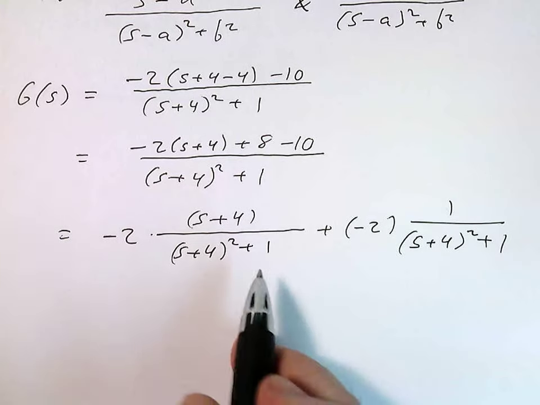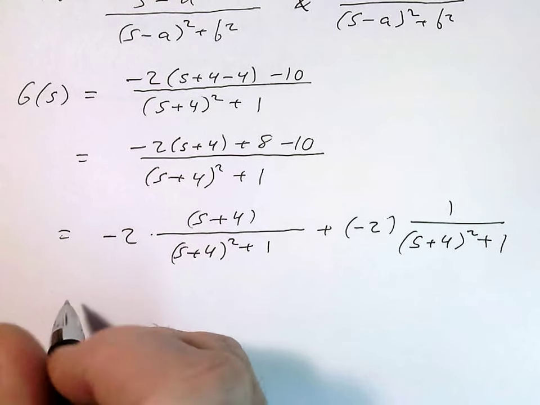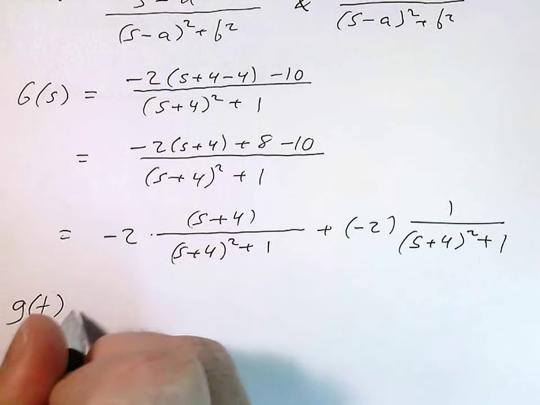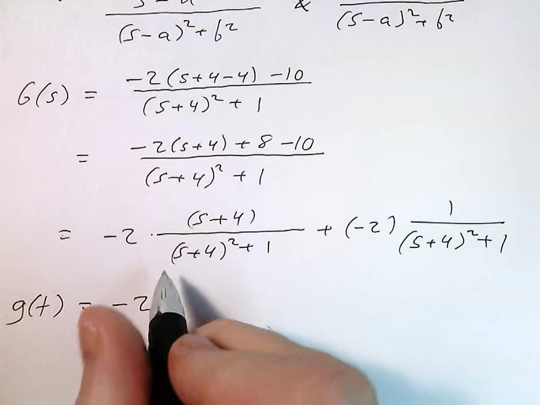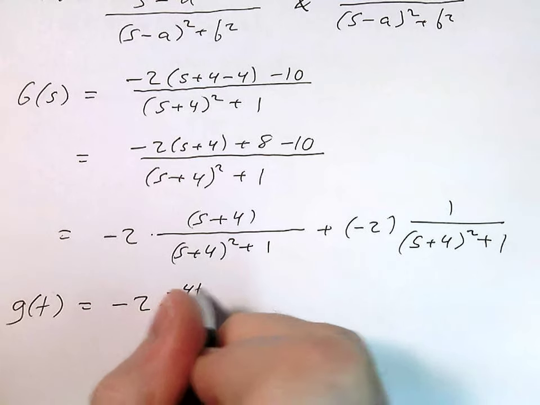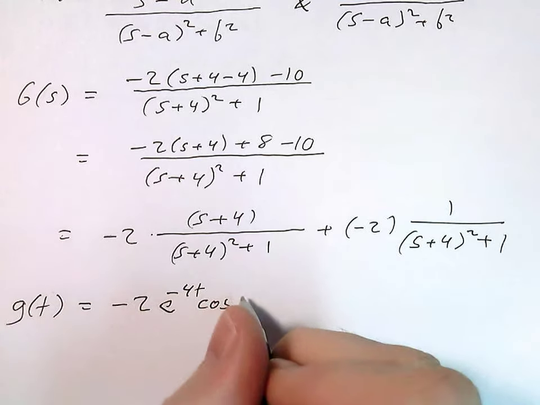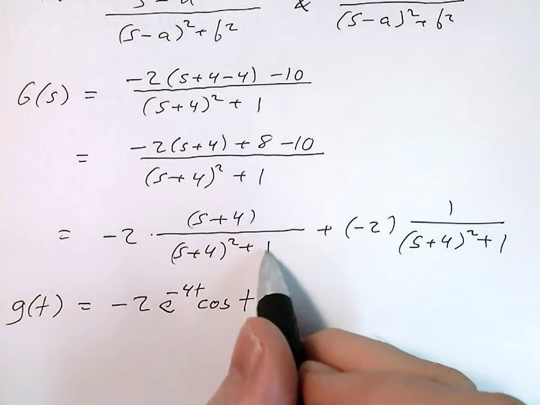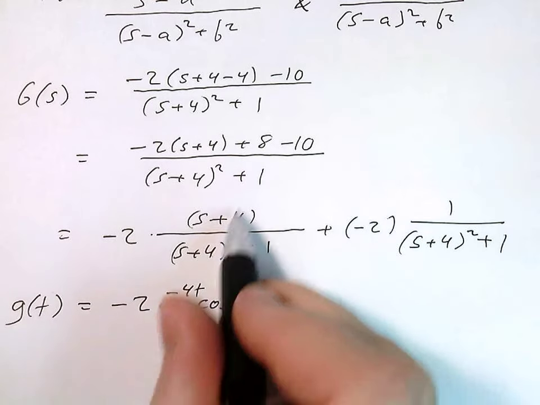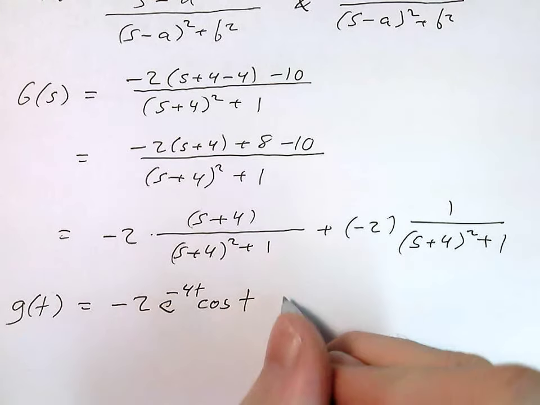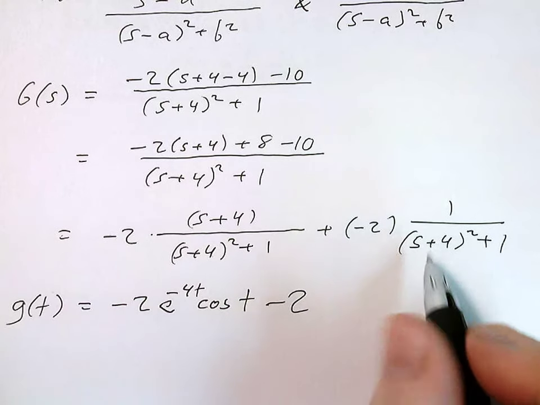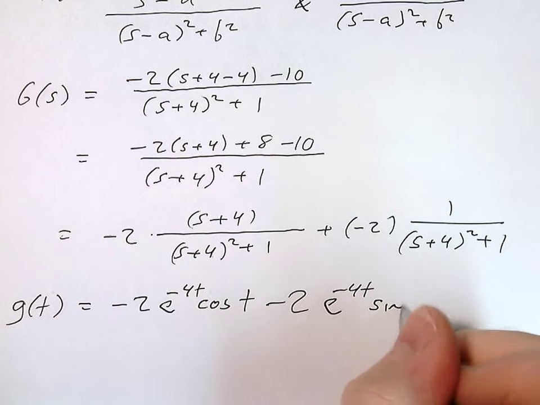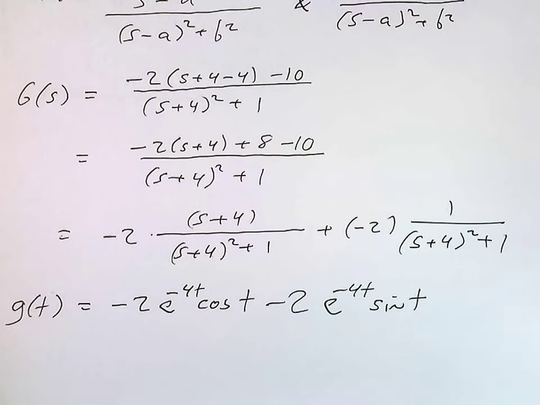My inverse transform here, my little g of t, is going to be negative 2, and from this I have e to the minus 4t cosine of t from my table. The 4 here gave me the negative 4, the 1 here was b, and gave me cosine for this expression. And I have a minus 2, and this one gives me e to the minus 4t sine of t.